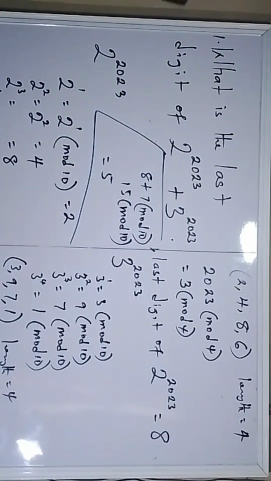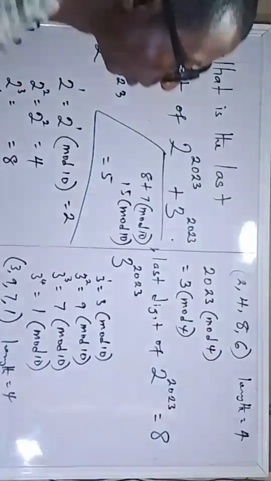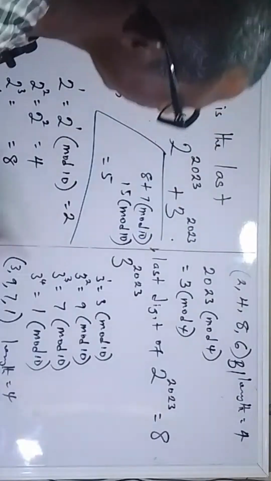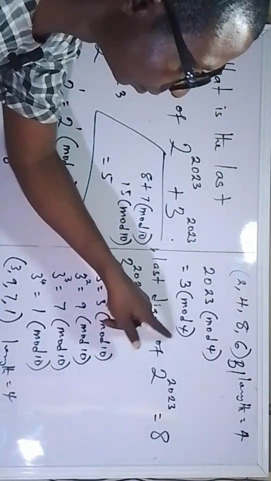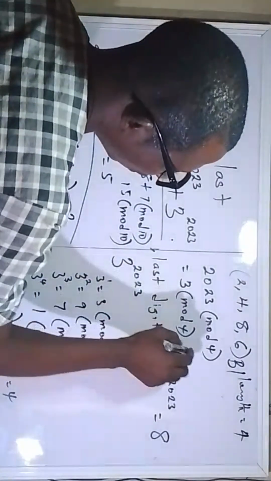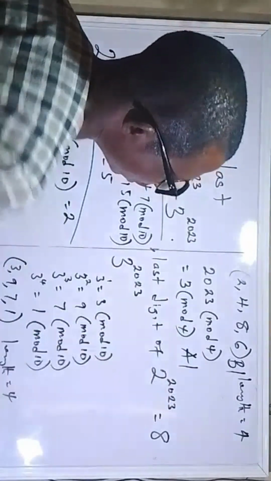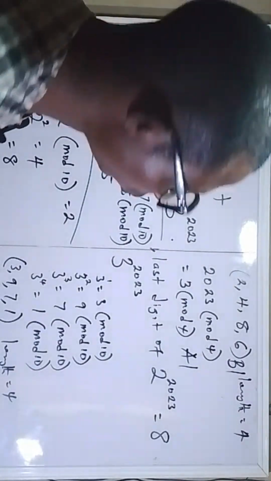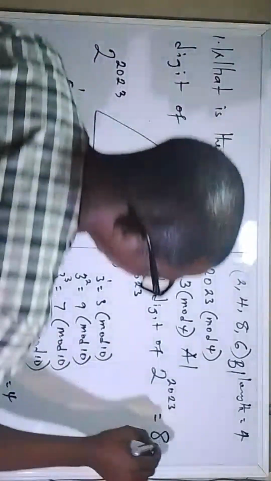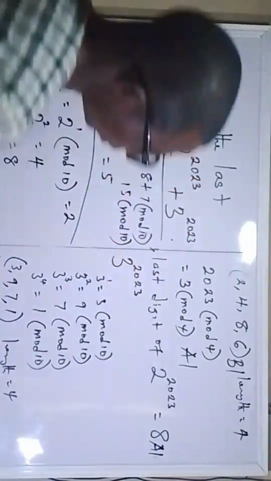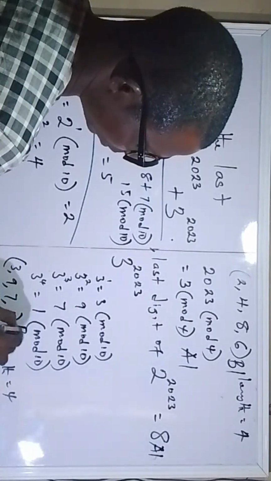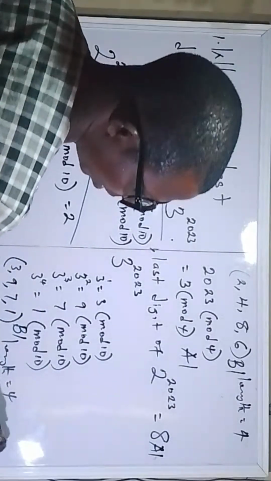So how do we award the marks? For getting this circle, we have B1. For getting the answer, 3 mod 4, we award A1. For getting the last digit of 2 raised to the power of 2023, we have A1. So here, for getting this, we have B1, and for getting this answer, we have A1.